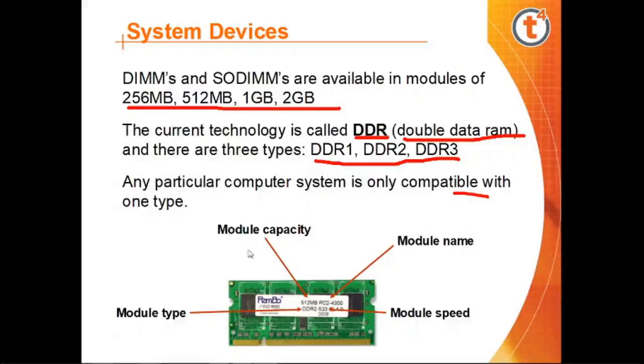Here we can see the module capacity is given on this chip, written 512 MB. The module name is PC2-4300 and the module speed is given here, 533 something, and the module type is here. We see here DDR2, which is one type of technology.